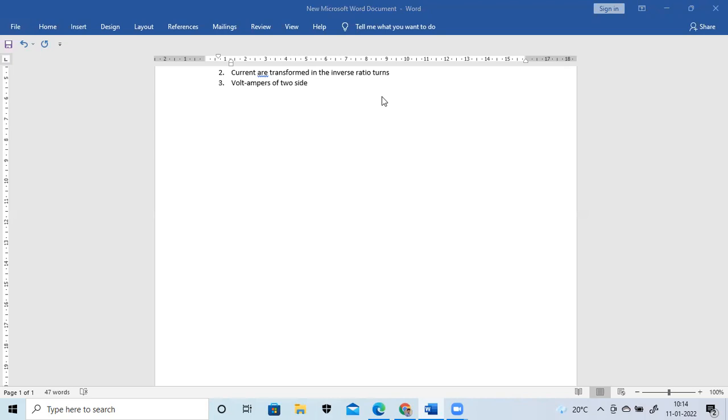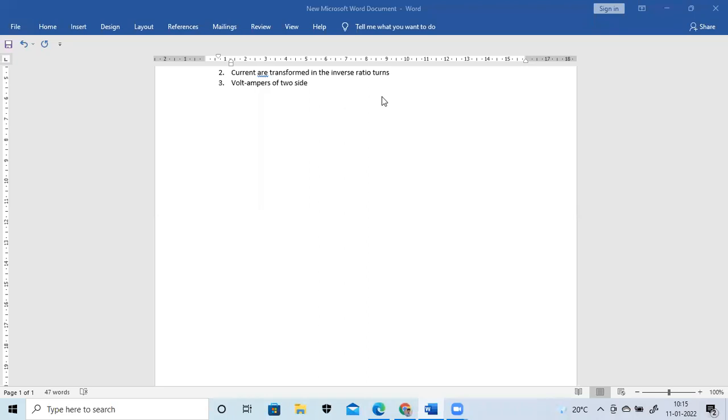Just tell me what is the volt ampere rating of the primary side? V1 into I1, and secondary side V2 into I2. So you may write this equation: V1 into I1 equals V2 into I2.